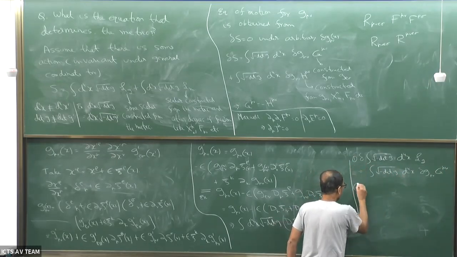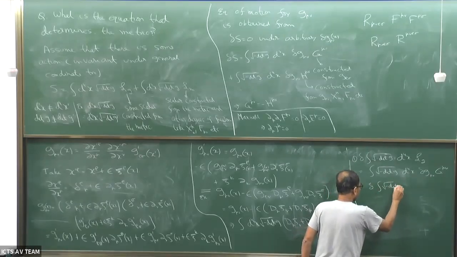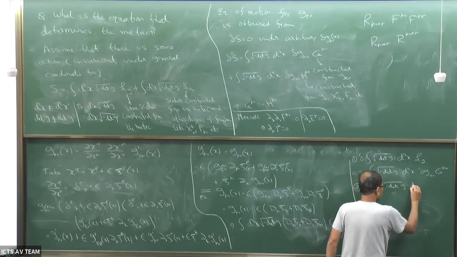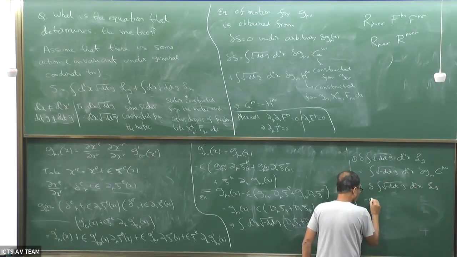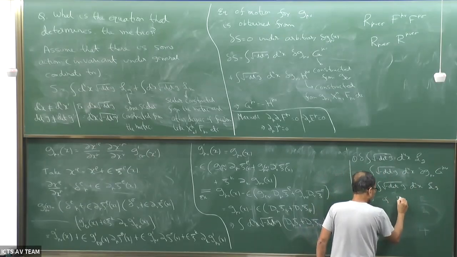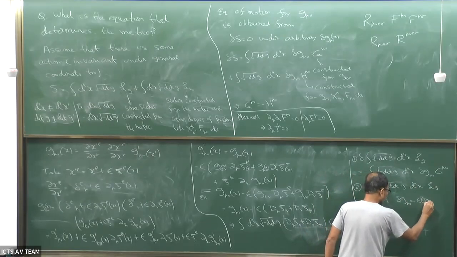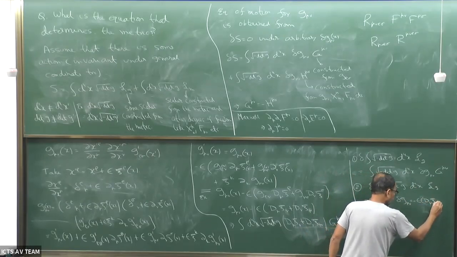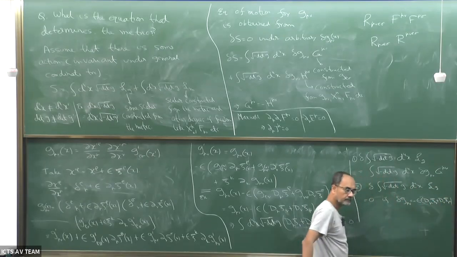Statement number 2 is the delta of integral square root of minus determinant g d4x Lg is identically 0 if delta g mu nu is minus epsilon d mu xi nu plus d nu xi mu. Why?